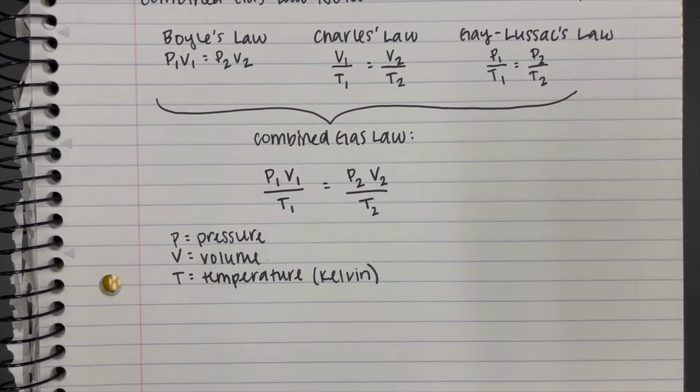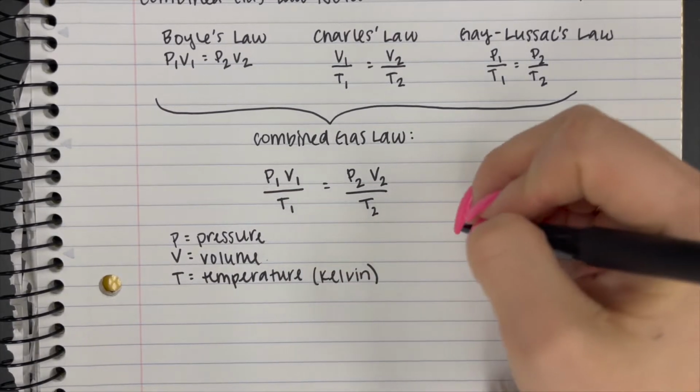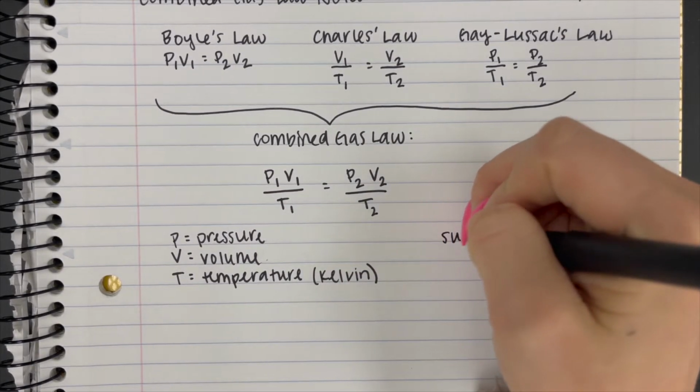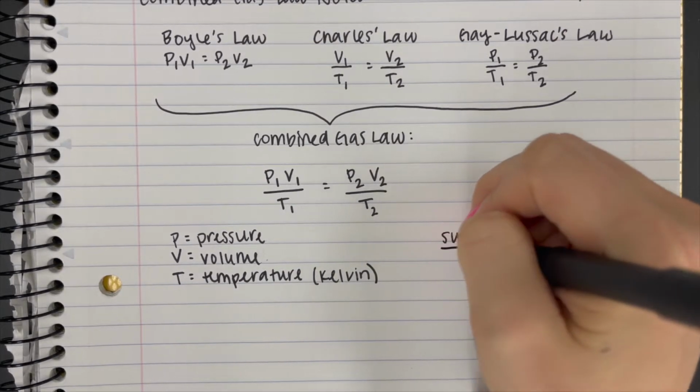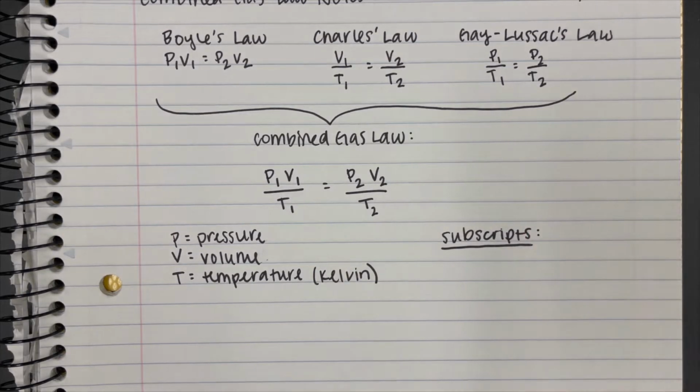Another thing you might notice about this formula is that it has subscripts, those little numbers at the bottom. These subscripts represent kind of like a before and after.